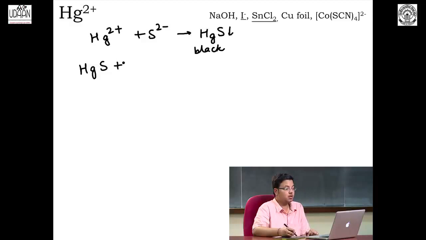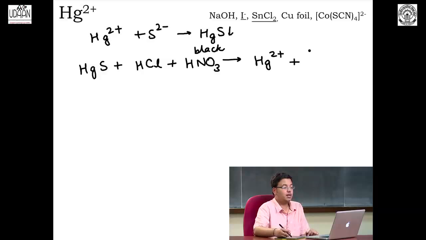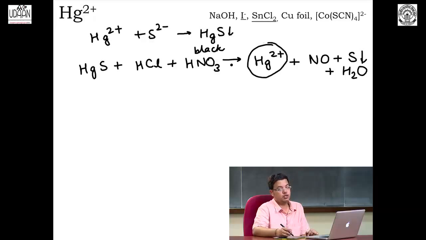So, this reacts with HCl plus nitric acid to give Hg2+ as it goes into the solution, plus NO gas plus a precipitate of sulfur plus water. So, although the complete solid did not dissolve into the solution, we do have Hg2+ in our solution, which we can use for further analysis.